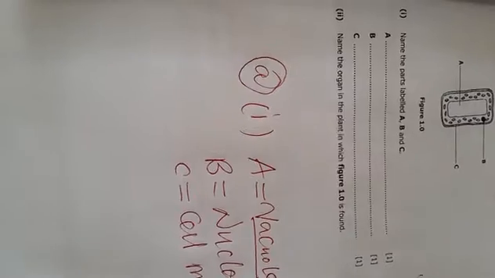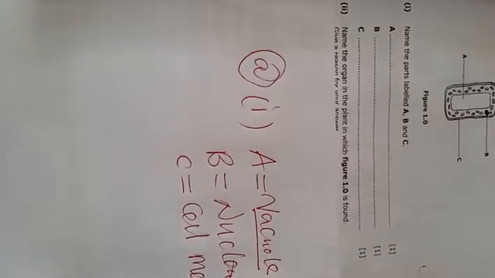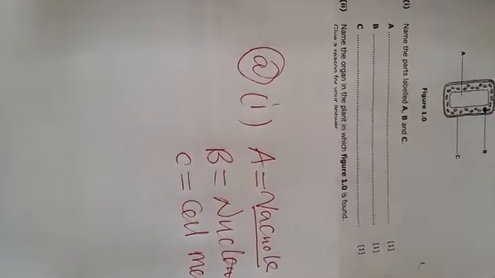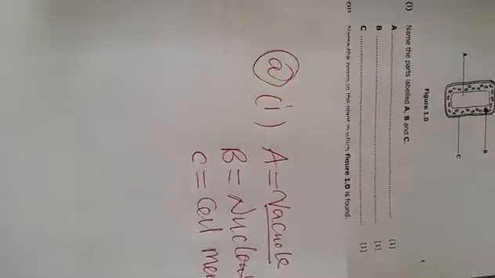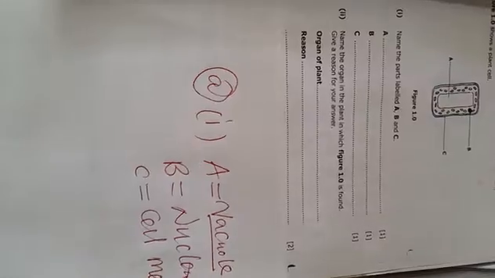We go to A2, name the organ in a plant in which figure 1.0 is found, and you also give a reason. Organ of plant and the reason. You look at it critically, you are going to observe that chloroplasts are too many. So this cell should come from a leaf.